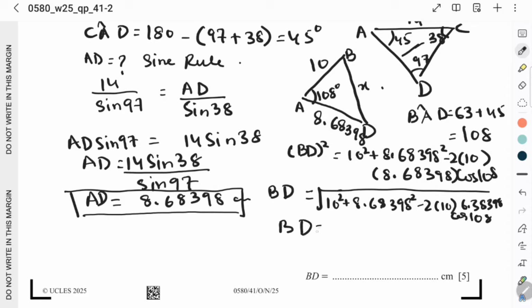The value inside is coming 515.1... when you take the square root, you will get 15.135, or 15.1 centimeters. 15.13 to 15.14 centimeters is acceptable.